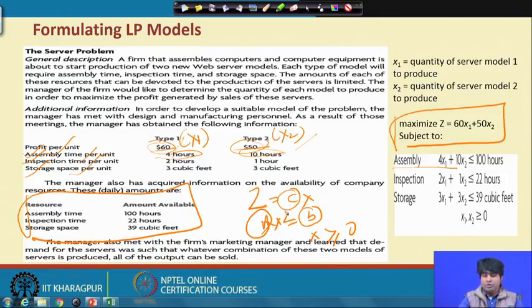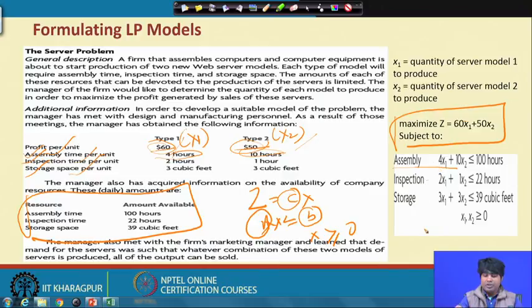Since there are two products, C becomes C1 and C2, where C1 equal to 60 and C2 equal to 50. Again, there are three constraints: A11 x1 plus A12 x2, A21 x1 plus A22 x2, then A31 x1 plus A32 x2. These are the three constraints.